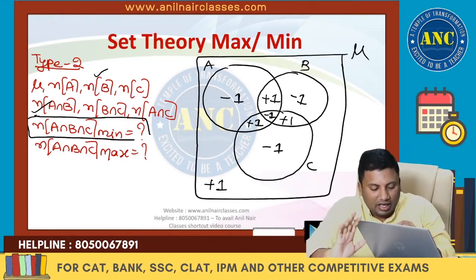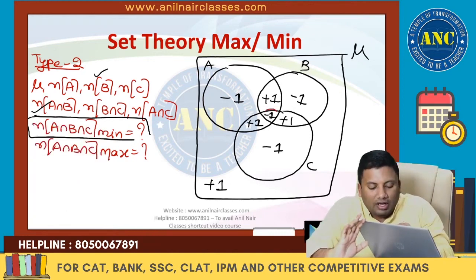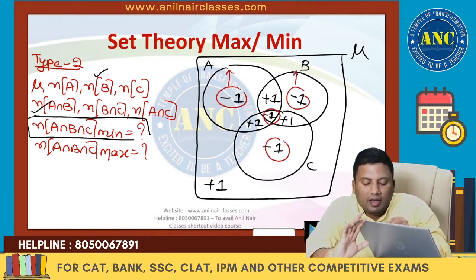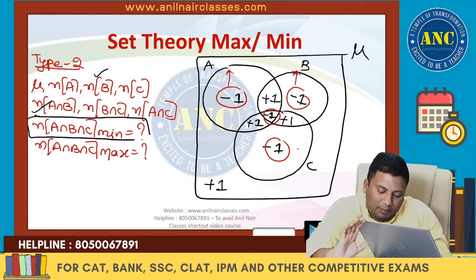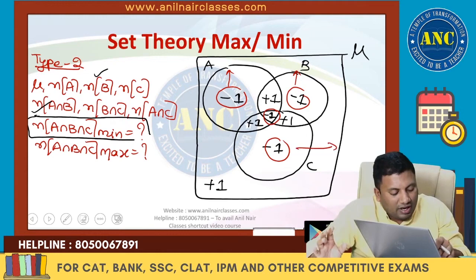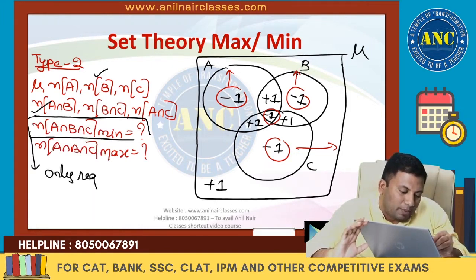That means if this portion is minus 1, what are the other values which I am getting as minus 1? Minus 1, minus 1, minus 1. What is this portion? Only A. What is this portion? Only B. What is this portion? Only C. That means whenever you are determining the minimum and maximum for this value, if it is minimum, only regions should be greater than or equivalent to 0.